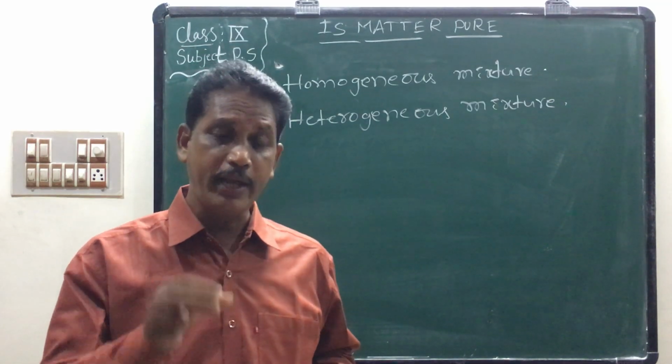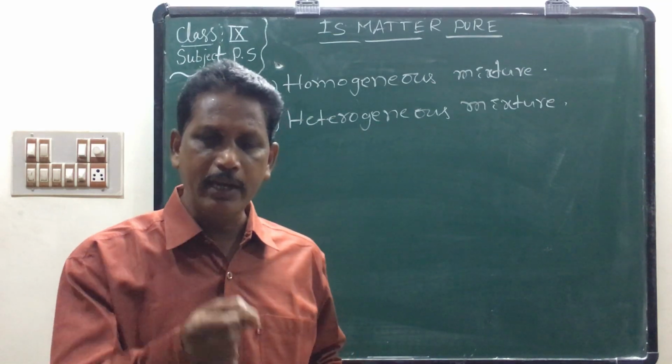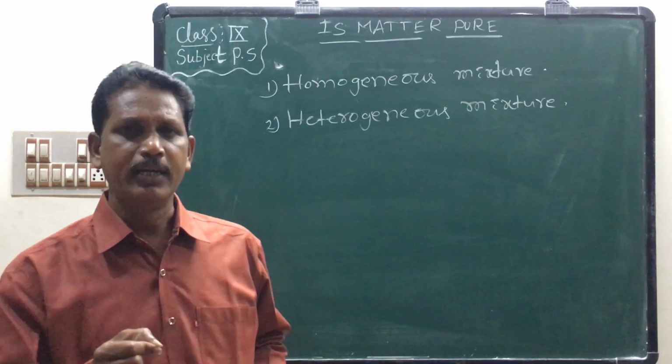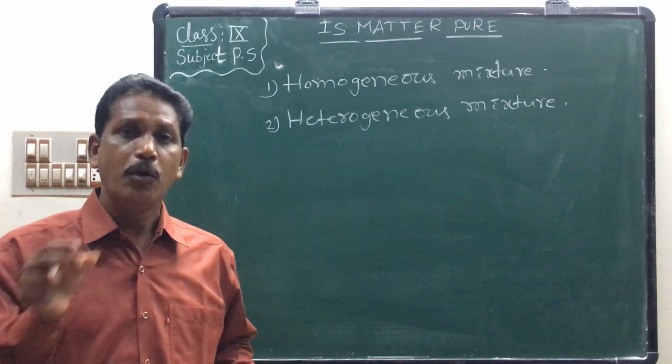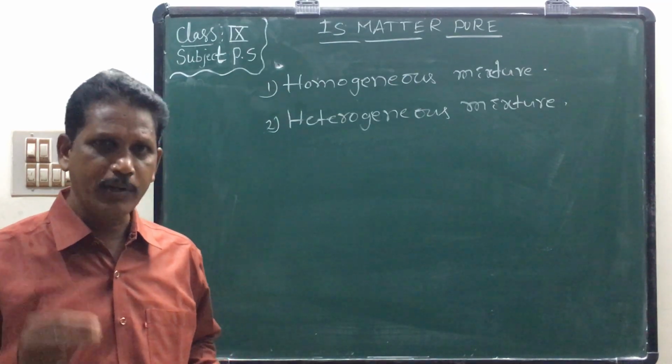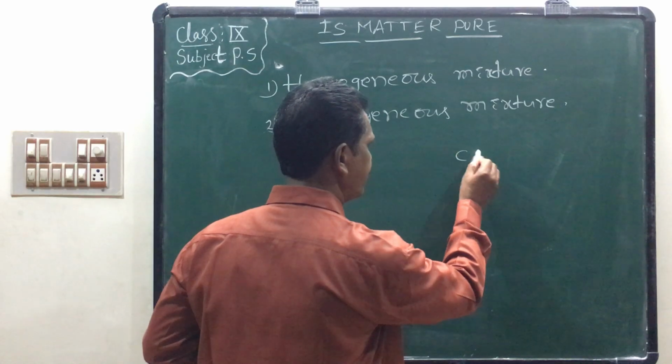Suppose we add vinegar in oil, any oil. What is meant by vinegar? Dilute acetic acid is called vinegar. The formula of acetic acid is CH3COOH.